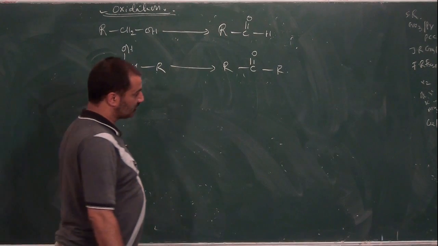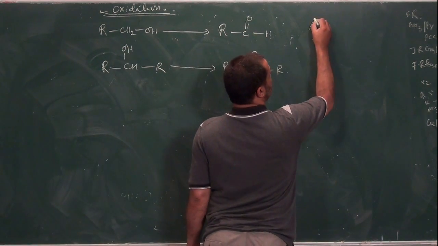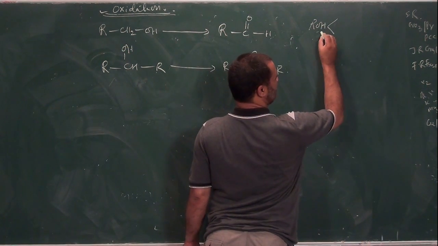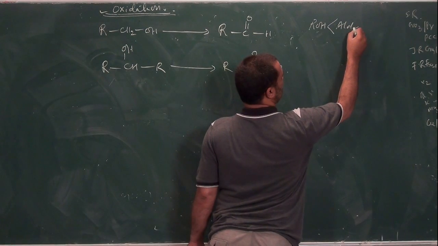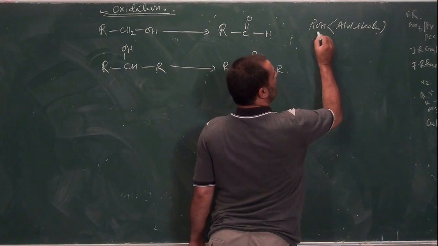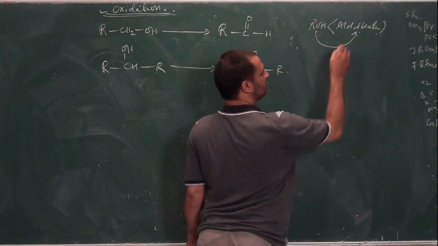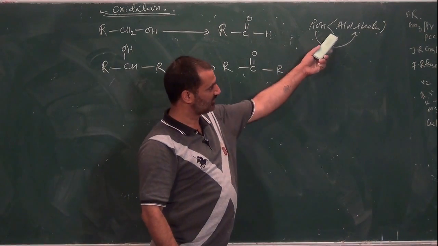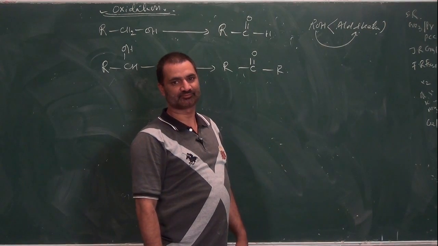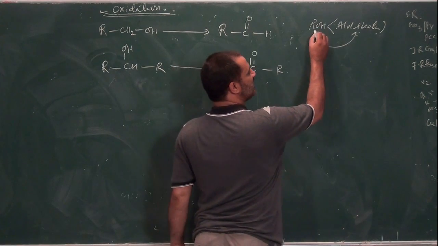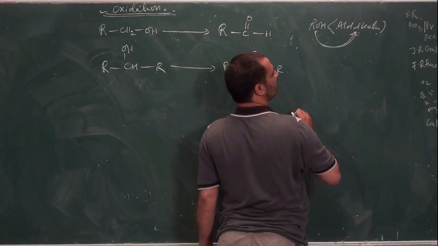As I have told you, the oxidation number of carbon in alcohols is lesser than that in aldehydes and ketones. So alcohols can easily be oxidized to aldehydes and ketones, because we are increasing the oxidation number.